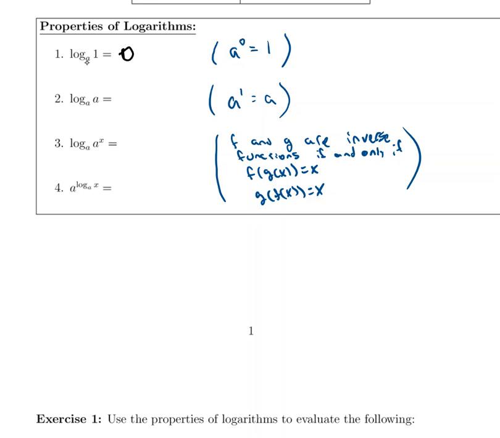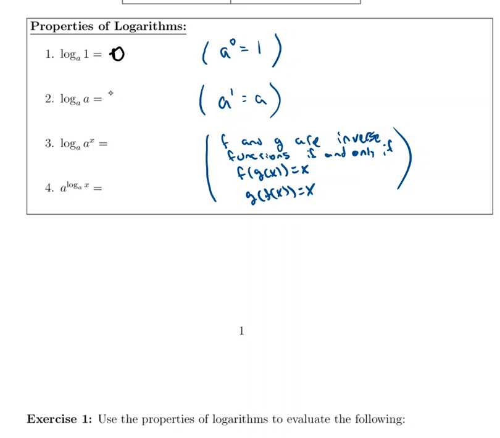The base in our logarithm is the base here, and what's inside our logarithm is 1, which is what we're equal to over here. Similarly, a to the first is equal to a as an exponential form tells us log base a of a is equal to 1 in logarithmic form.